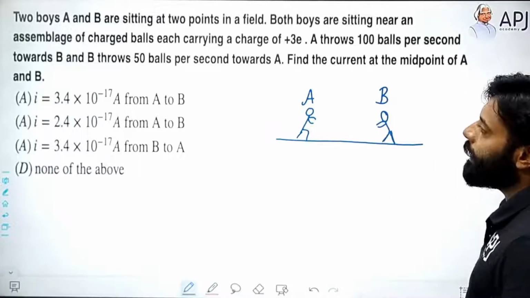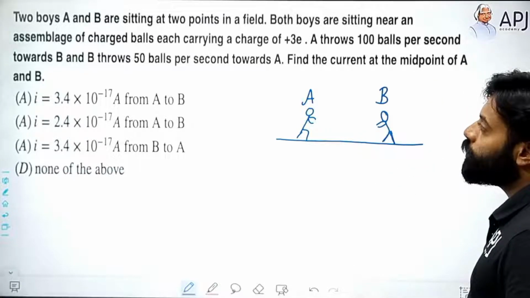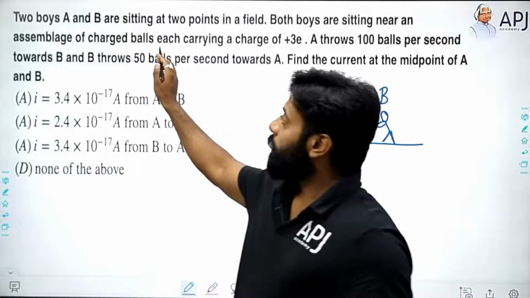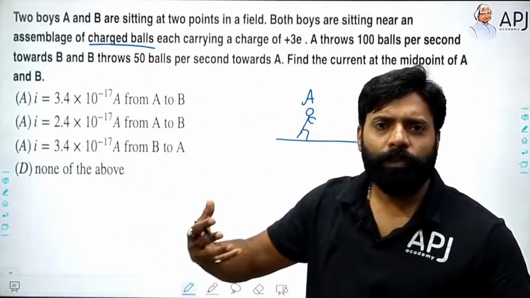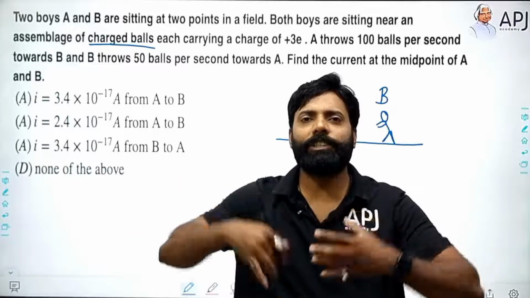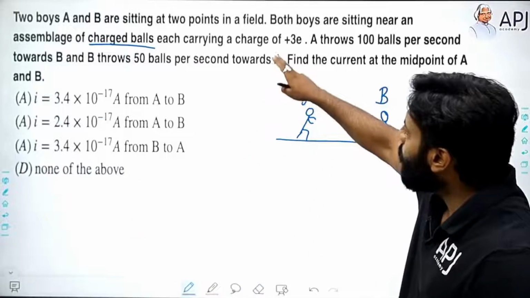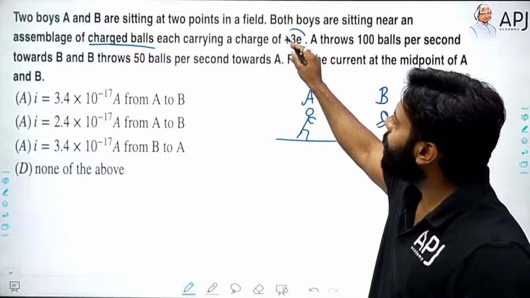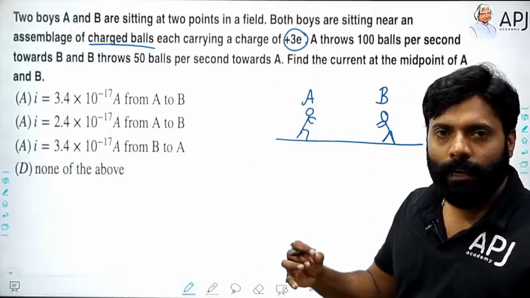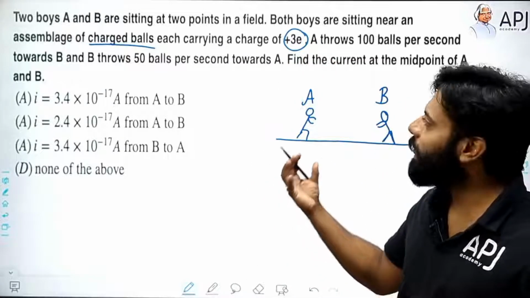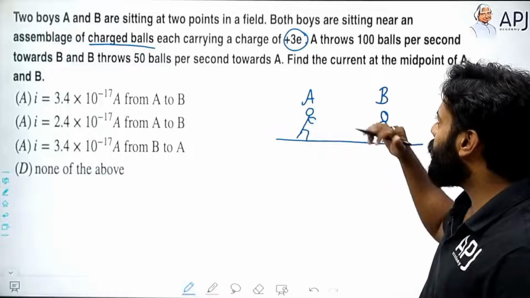Both boys are sitting near an assemblage of charged balls. Around them there are so many charged balls, each carrying a charge of 3.